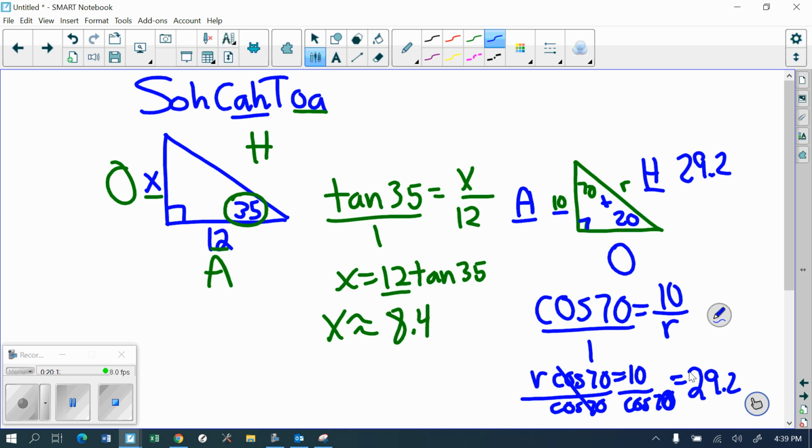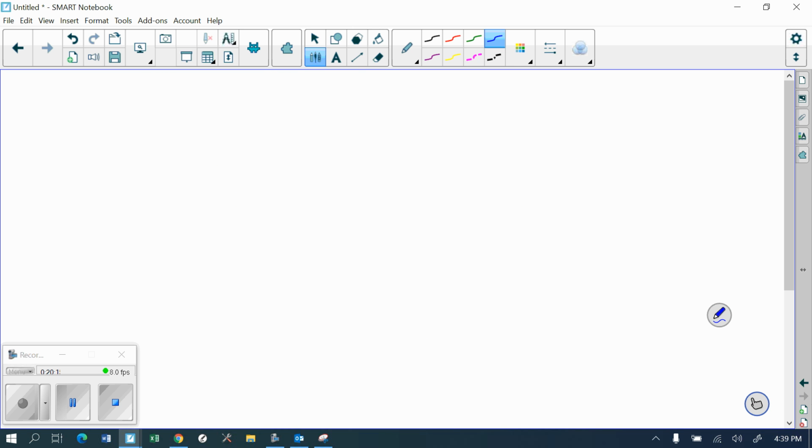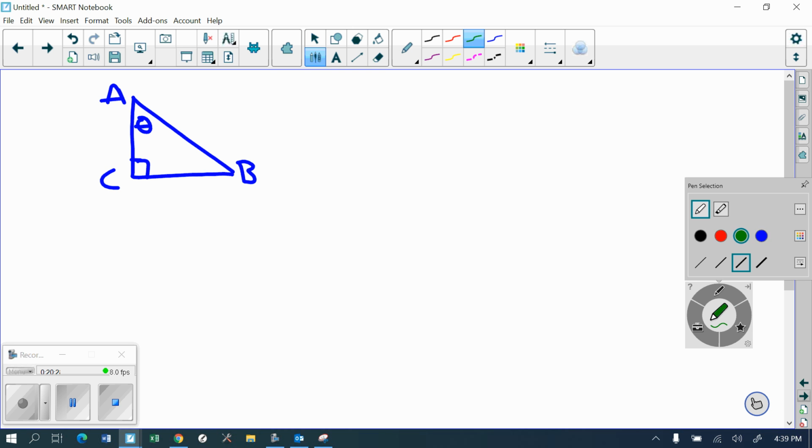Also, to go along with that, let's go ahead and look at this real quick. If I call this A, B, C, and I call this theta up here, then when I go ahead and name things, there's my H, there's my adjacent next to, and there's my opposite.